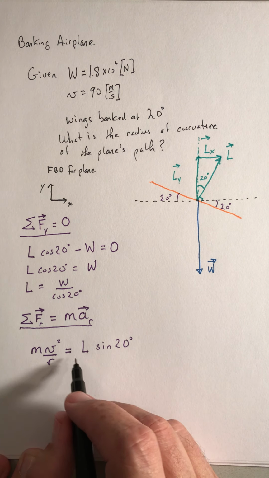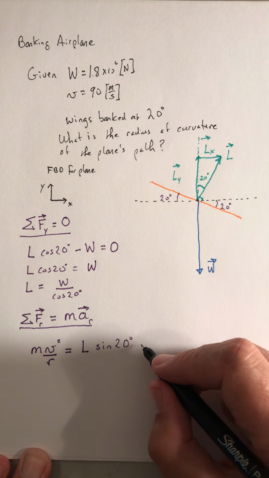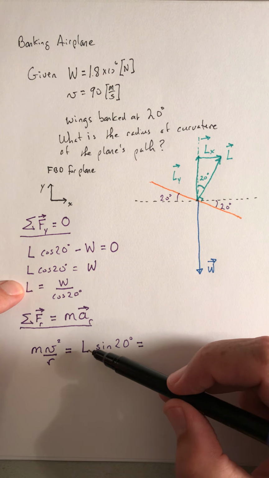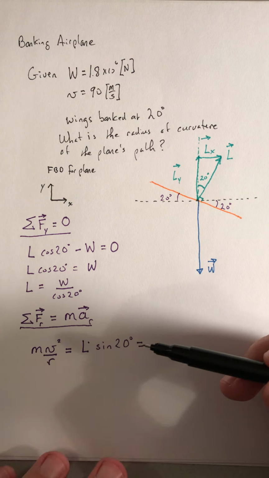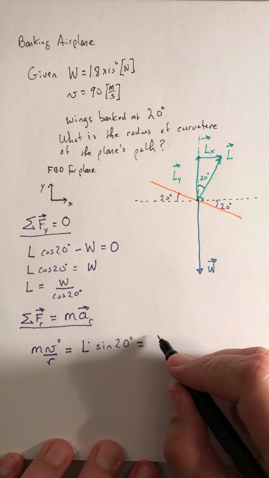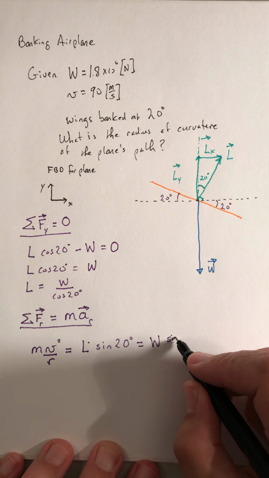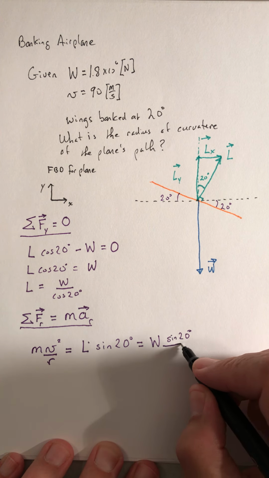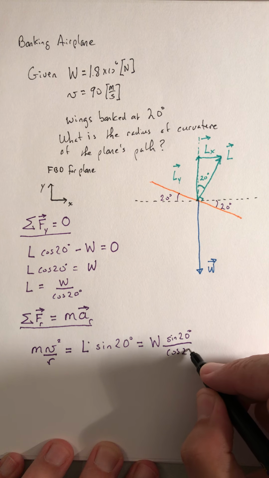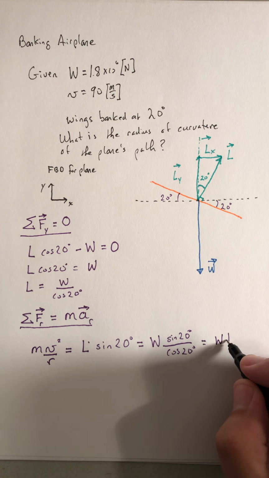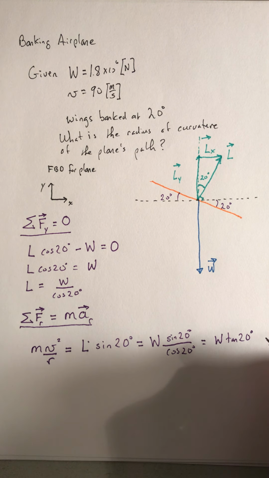And we had worked out before how big the lift is, so I'm going to substitute that in: the lift is the weight over cosine 20 degrees. So I'm going to have the weight times sine of 20 degrees over cosine 20 degrees. That's going to equal the weight times tangent 20 degrees.